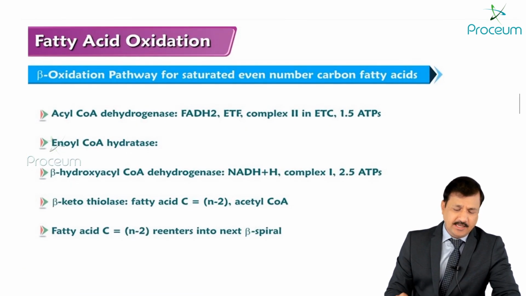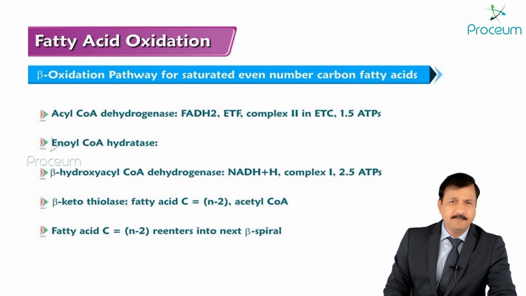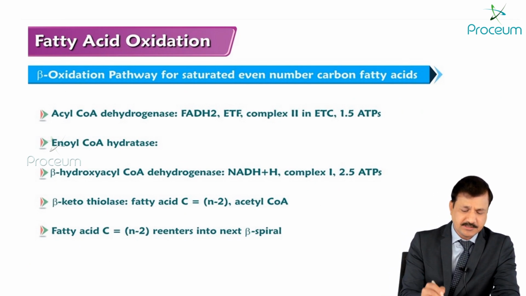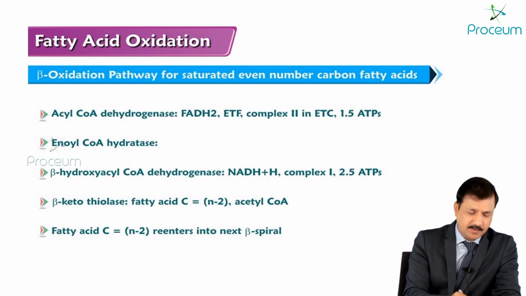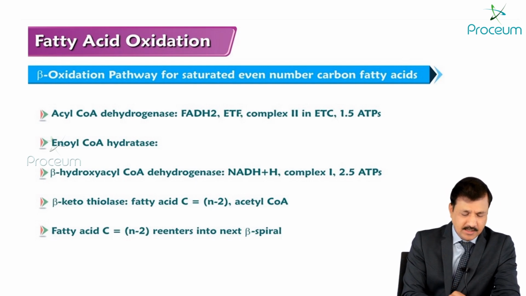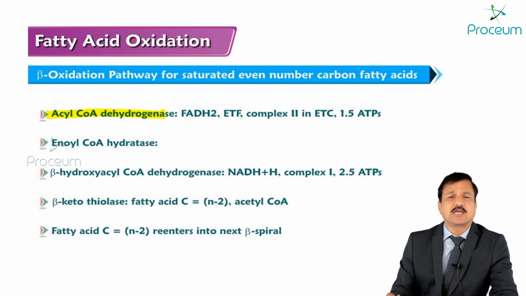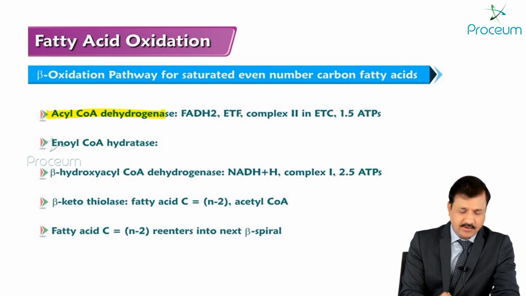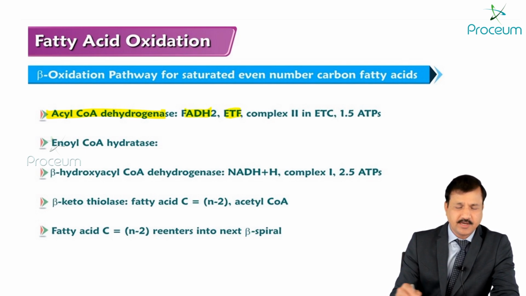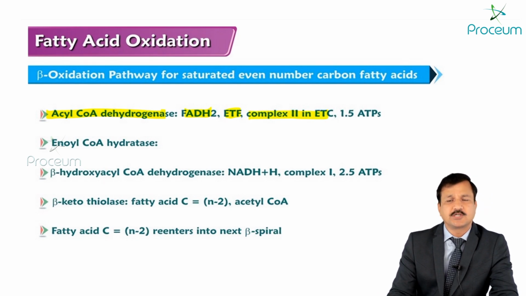Alright, now here is the review of the beta oxidation of fatty acid, especially the saturated even number carbon fatty acid, from the previous figure that I have explained. The very first reaction is acyl-CoA dehydrogenase, where you get FADH2 going into electron transferring flavoprotein, which feeds complex 2 in the electron transport chain, and you get 1.5 ATPs there.